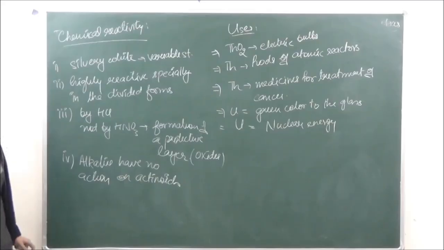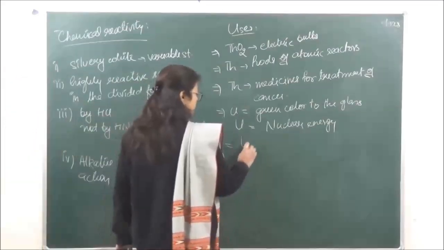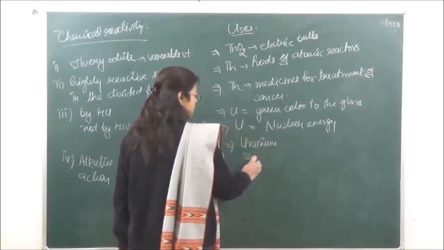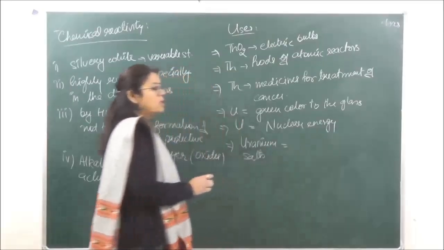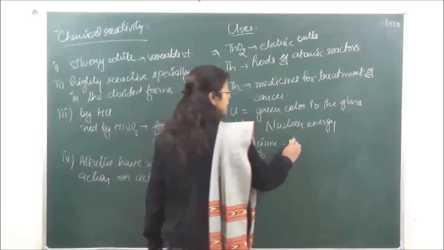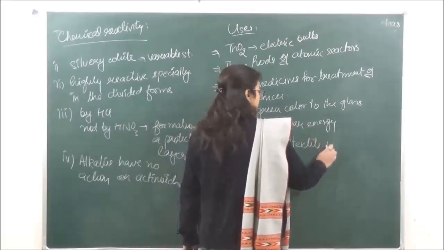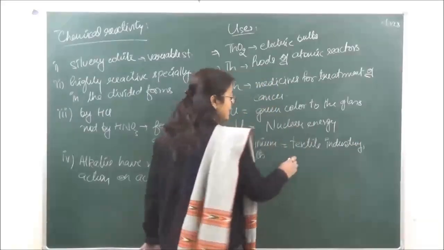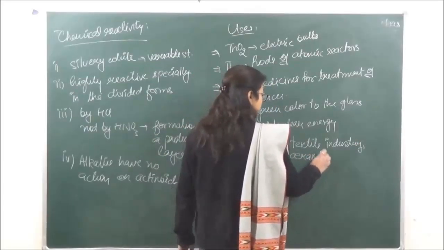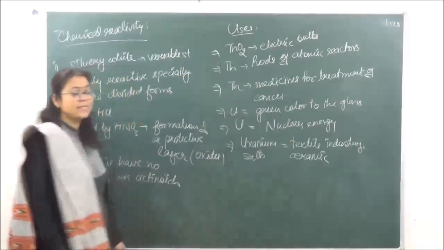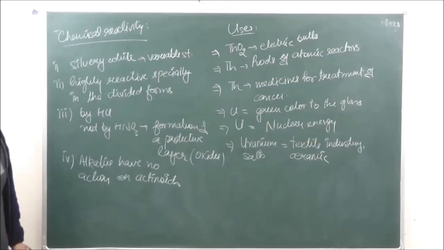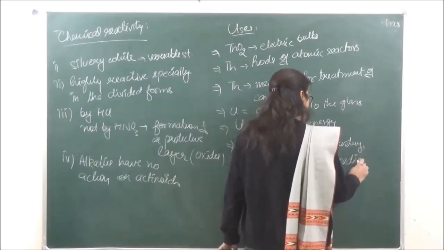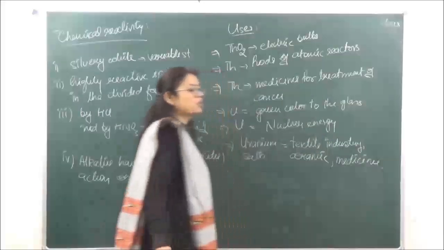It is used in nuclear fission reactions because of its radioactive nature. And the uranium salts are used in the textile industry, right? And then in the ceramic industry, the tiles industry, and it is also used in medicines.